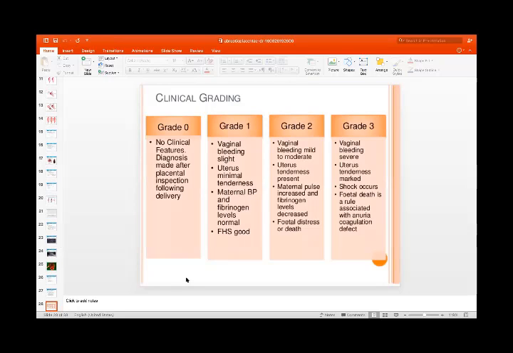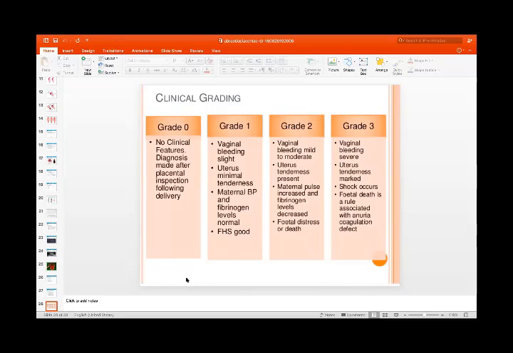Again, grade 0: no clinical features, and this is an incidental finding on inspection of the placenta after delivery. Grade 1: vaginal bleeding is slight, the uterus has minimal tenderness, and maternal vital signs, fibrinogen levels, and fetal heart sounds are all normal. Vaginal bleeding in grade 2 is mild to moderate.